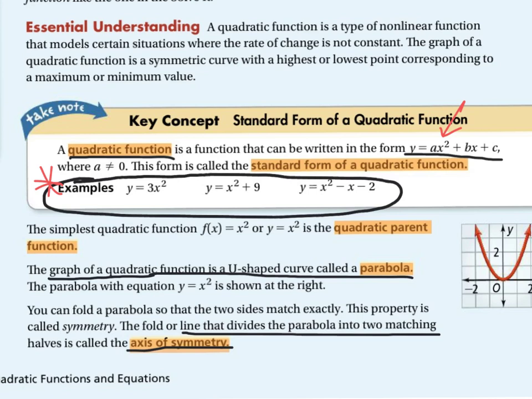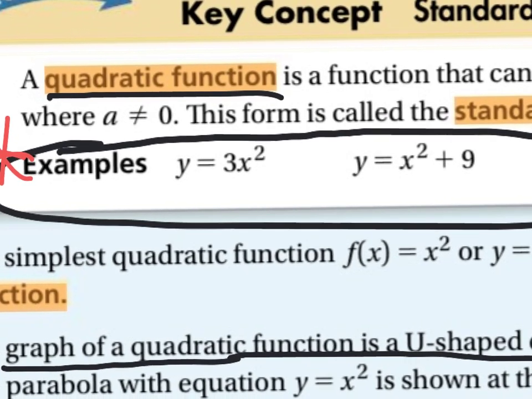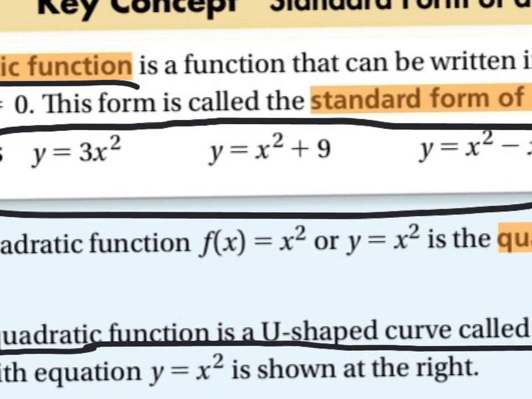In the first example, they only had a squared term, y equals 3x squared. They didn't have an x term, they didn't have a constant, and that's fine. We can have that and it's still a quadratic function. In the middle example, they have a constant and the squared term, but not the x term.